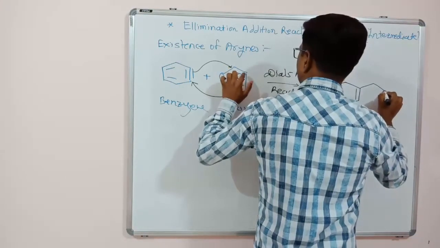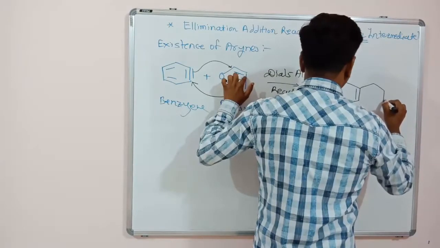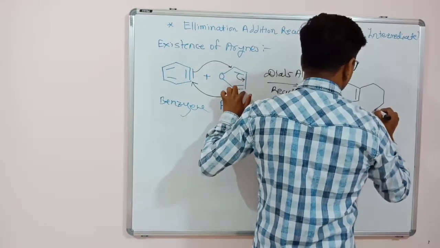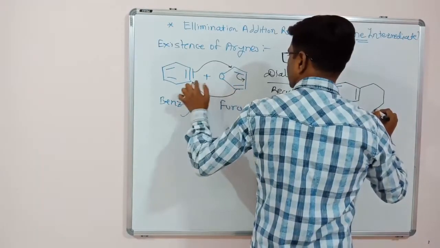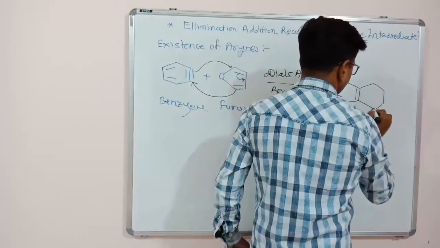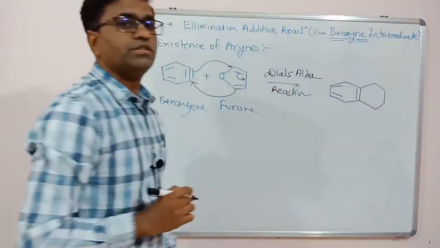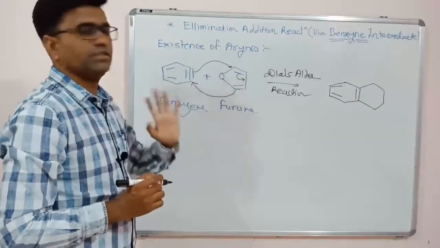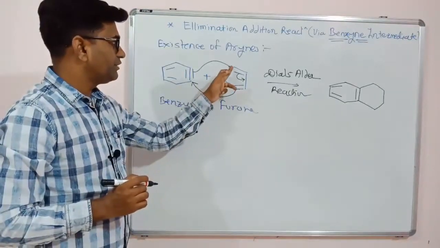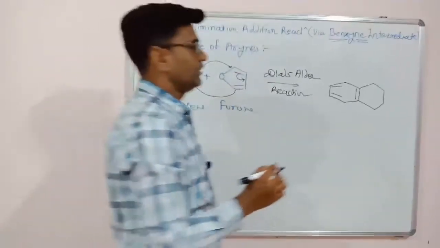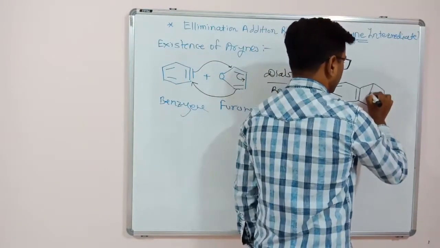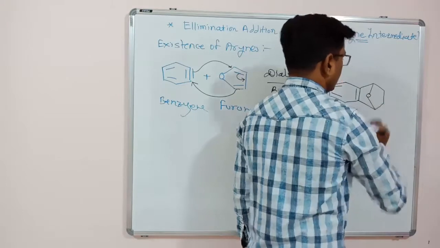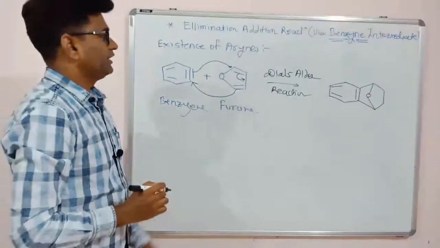This is the second carbon, this is the third carbon, this is the fourth carbon, and the fourth carbon forms a bond with this carbon. So a 6-membered ring will form, these 6 carbons and these 4 carbons. Now oxygen is in between the first carbon and the fourth carbon. So here is the oxygen. So this product we will get.